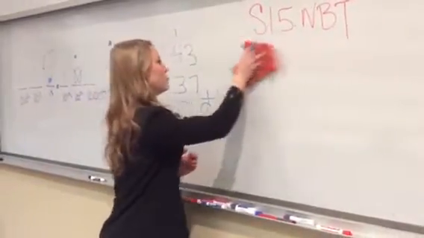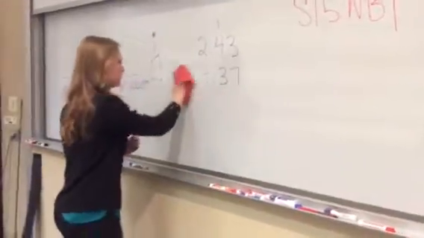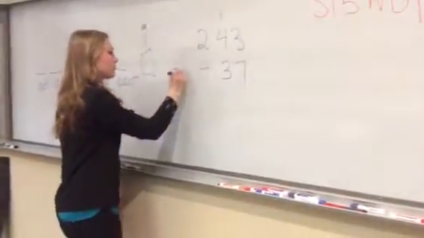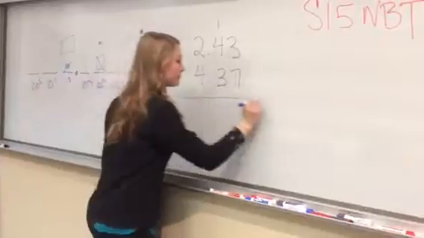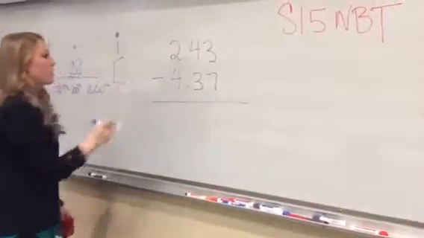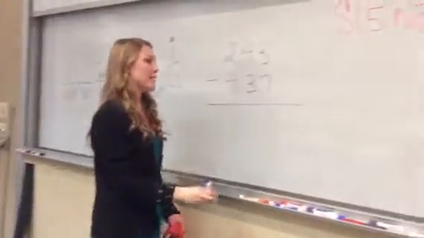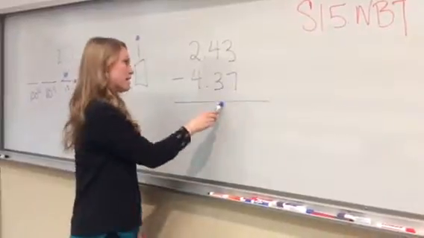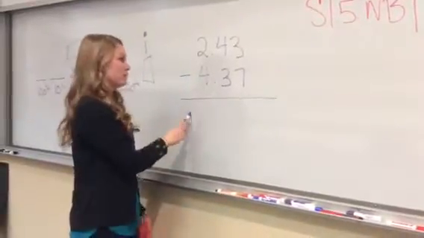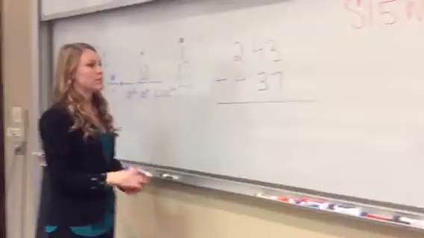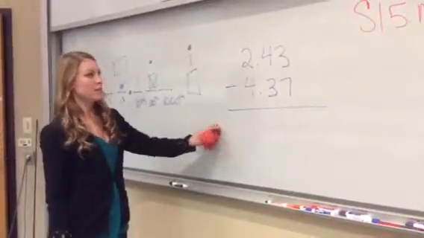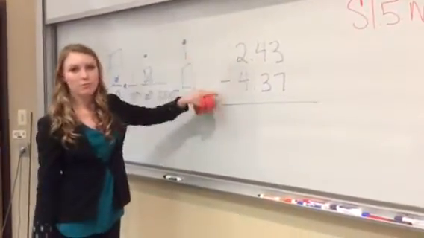Now we will go over the subtraction of this problem. Again, we will have units representing our hundredths, rods representing our tenths, and flats representing our ones. It's important that we start with the larger number on top because you can't subtract a larger number from a smaller number.